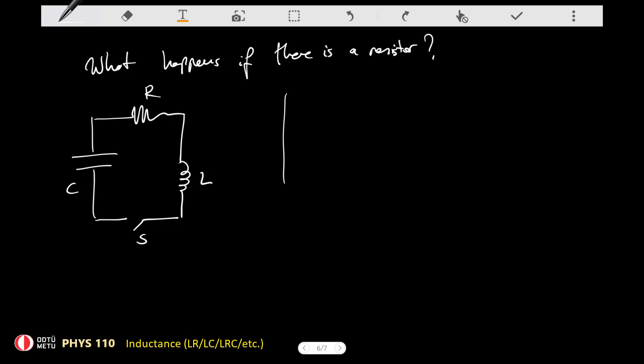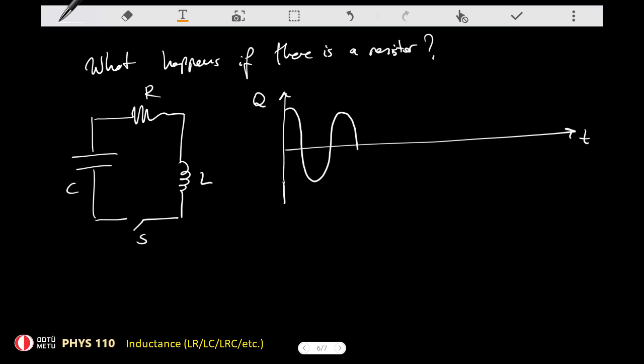The power of it doing so depends on the amount of the current as well. But in any case, that doesn't change the qualitative picture. So in that case, for example, for charge, instead of a periodic change, we are going to have a decaying periodic change.